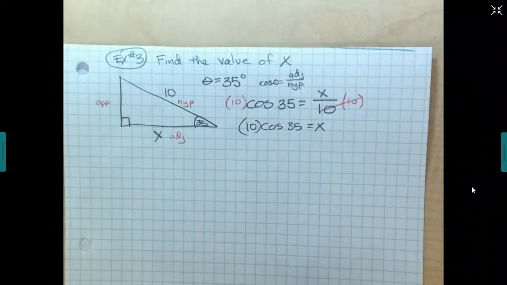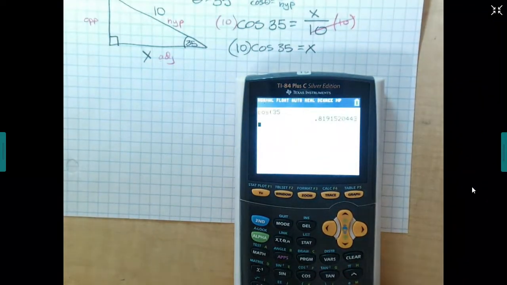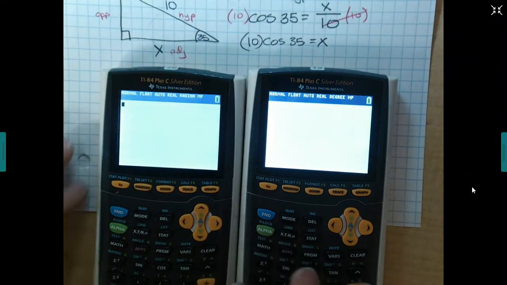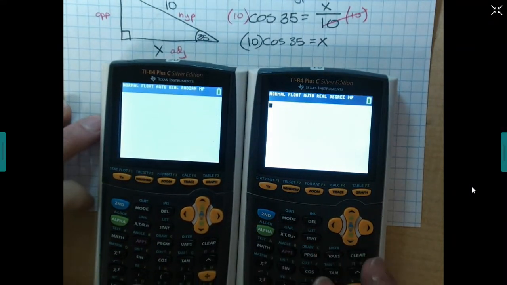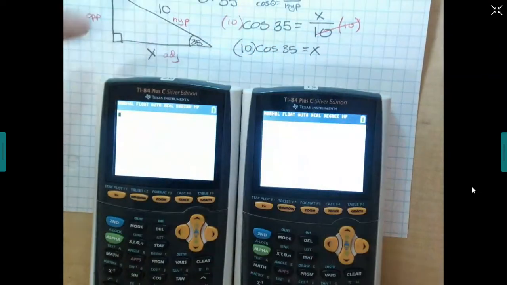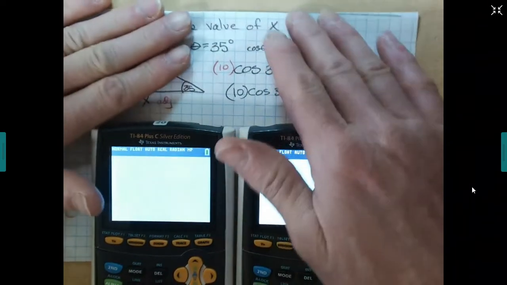Now, I need you to be careful because I'm going to show you two calculators. The length of something can't be a negative number.